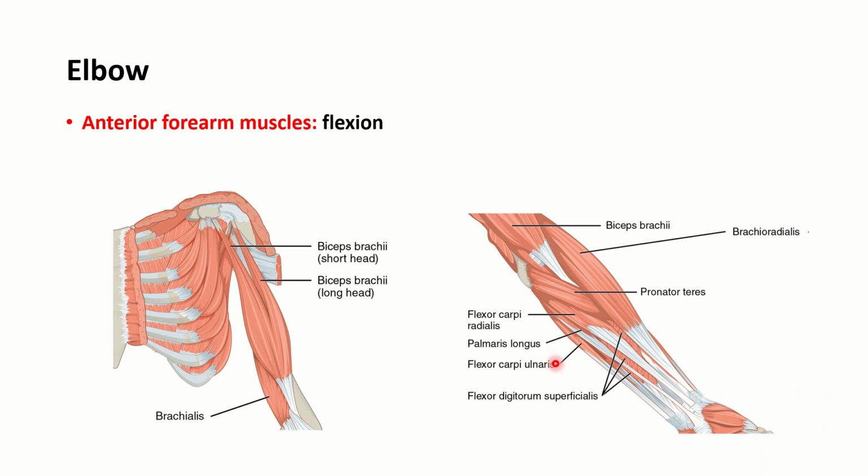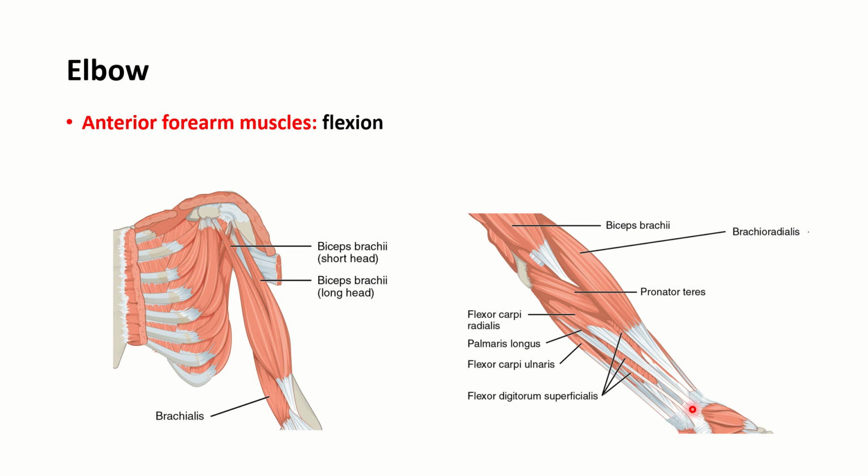For example, biceps brachii, brachialis. You can see all these names written with flexor, so the name is obvious. Flexor carpi radialis and flexor carpi ulnaris are the ones that can cause flexion of the wrist.